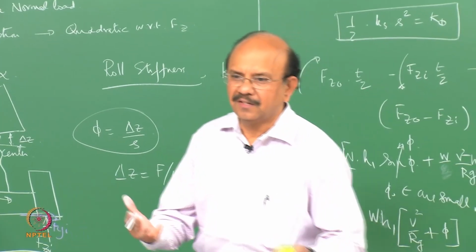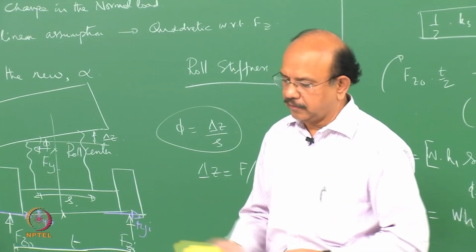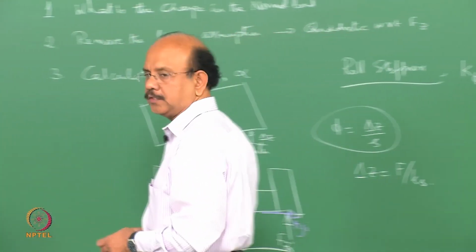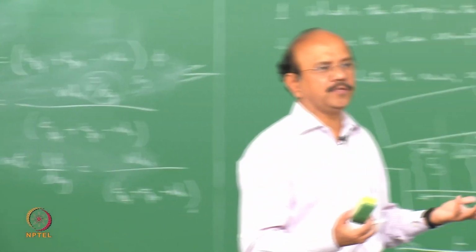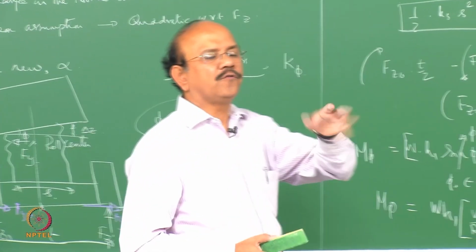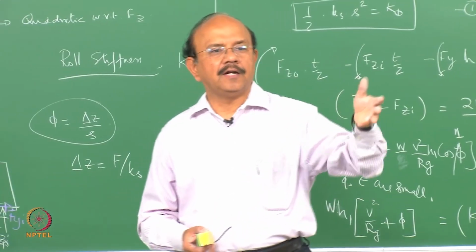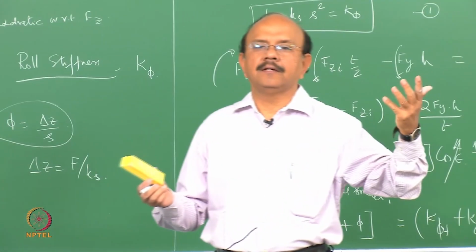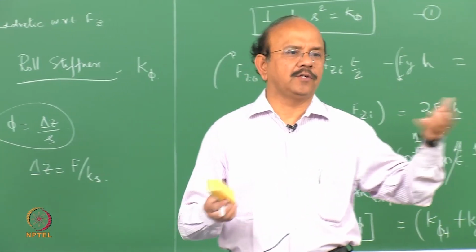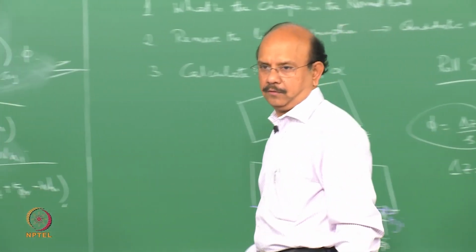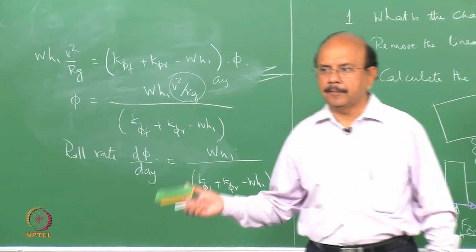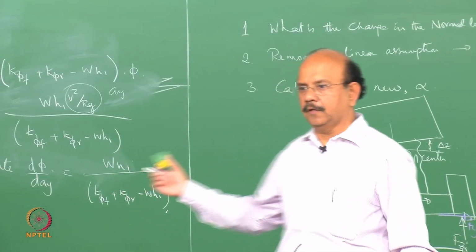That makes life easier when you want to define, and it's about 5-6 degrees usually per G. It's degree per G. So in other words, if you know the roll rate, and you're taking a turn and subjecting your vehicle to 0.3 G, then just multiply by roll rate, and you would know how much is the roll. Right? Clear? Fine.